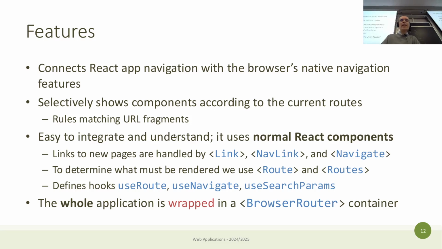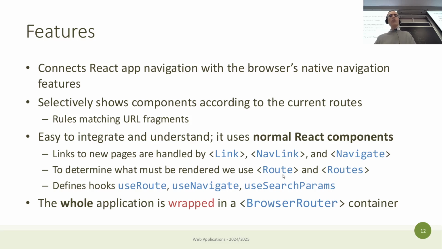It's really easy to integrate and understand. It uses normal React components. So again, we don't have to learn anything new. I mean, there are new components, like when you bring in React Bootstrap, you bring in buttons and lists and stuff. Here, you bring in elements that help you to navigate: Link, Navigate, and we will see them in a minute.